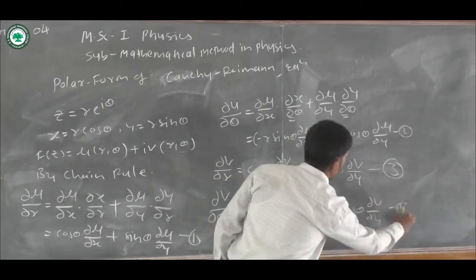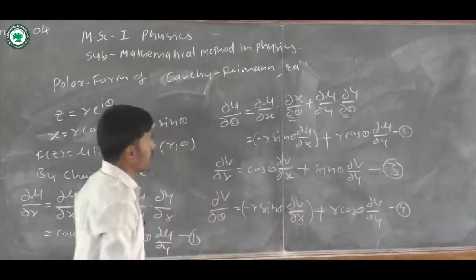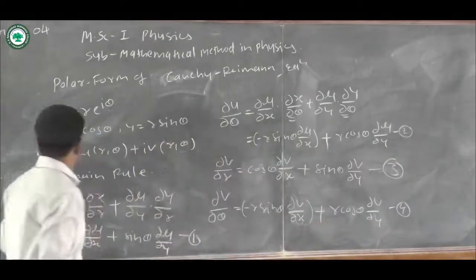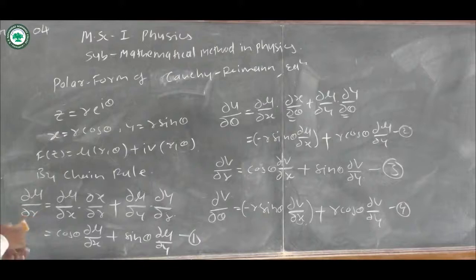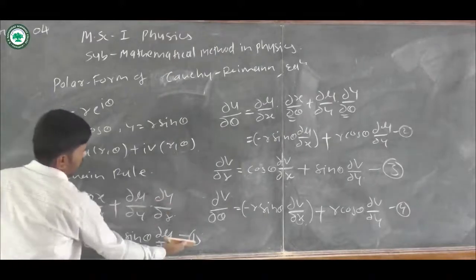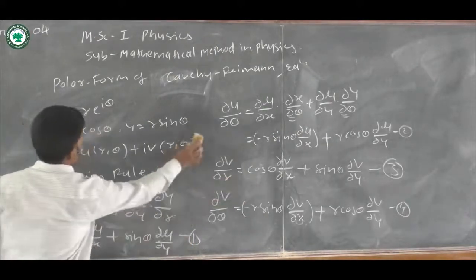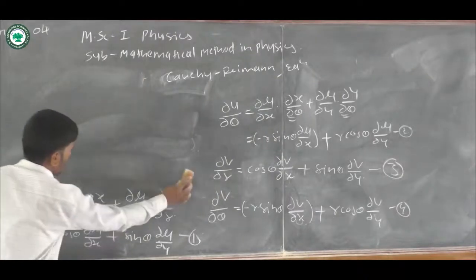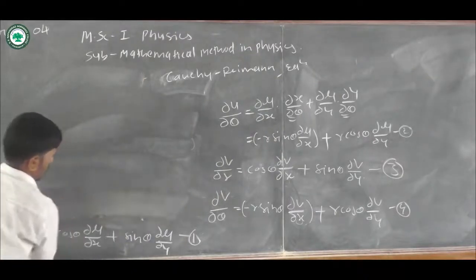This is equation number 4. Now by using these four equations, 1, 2, 3 and 4, we can find the polar form of these analytic functions.